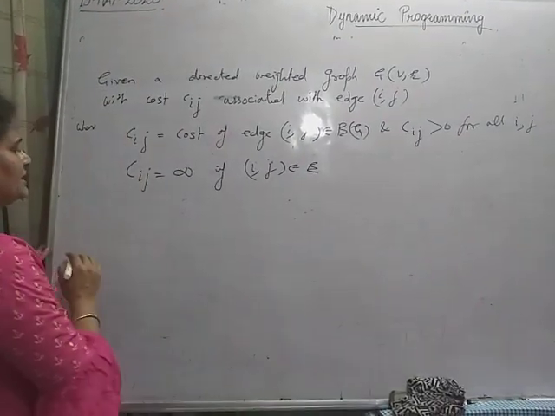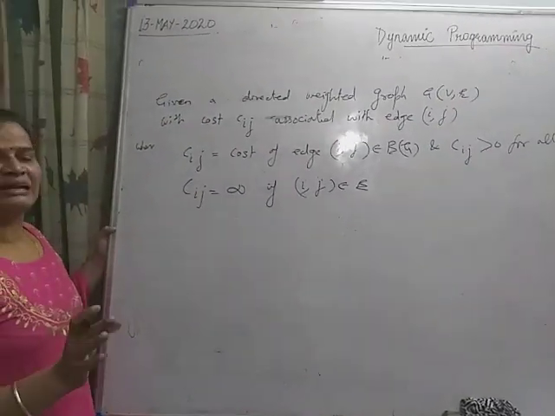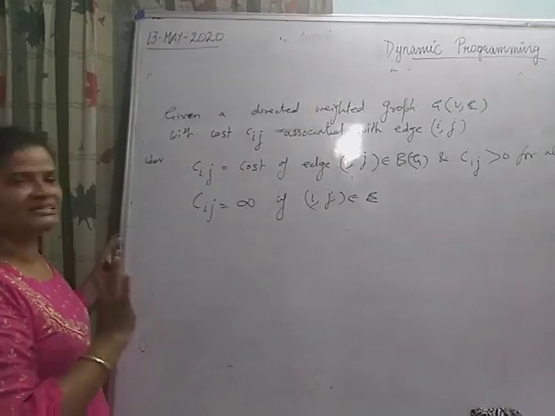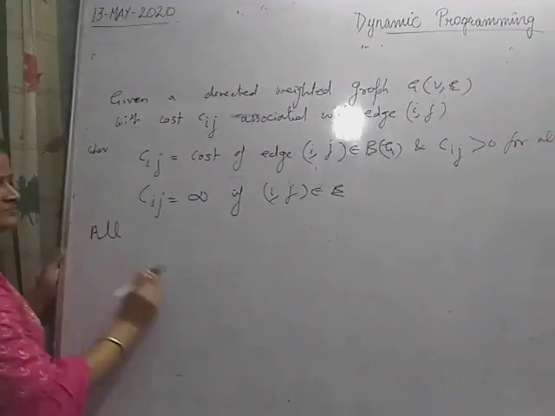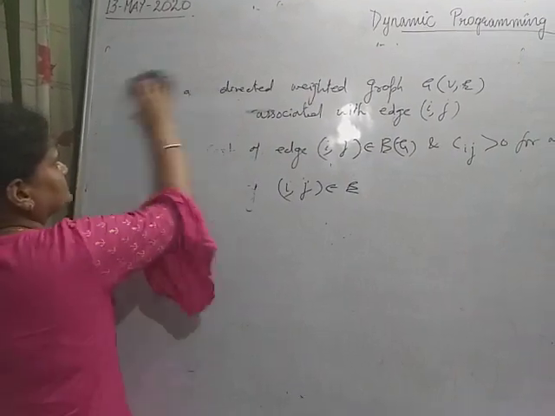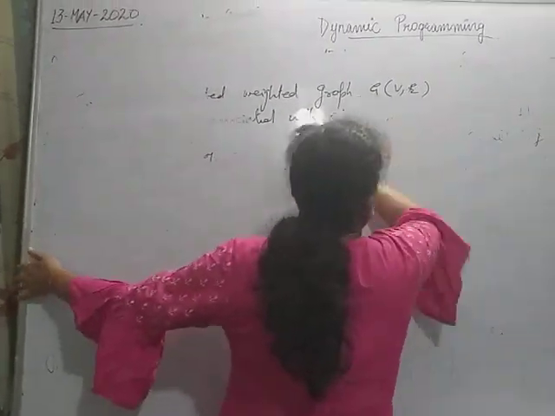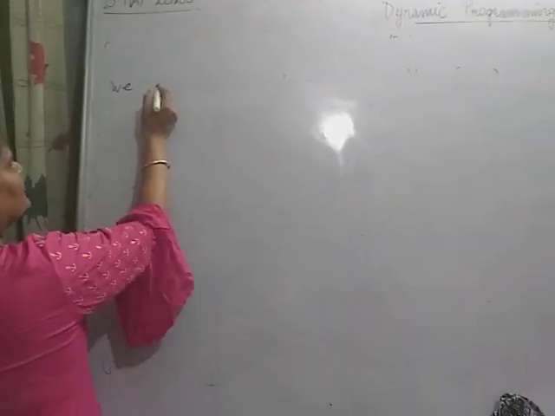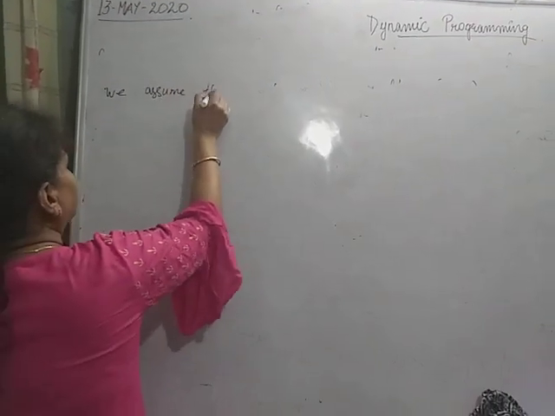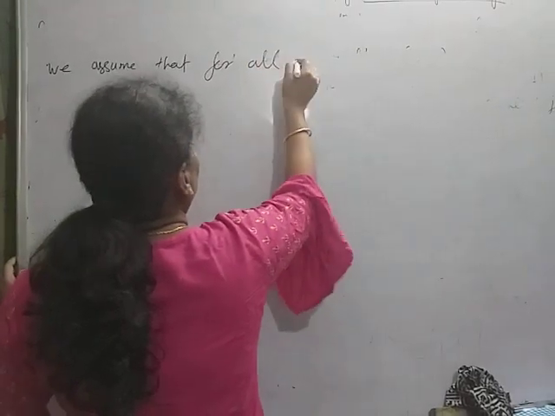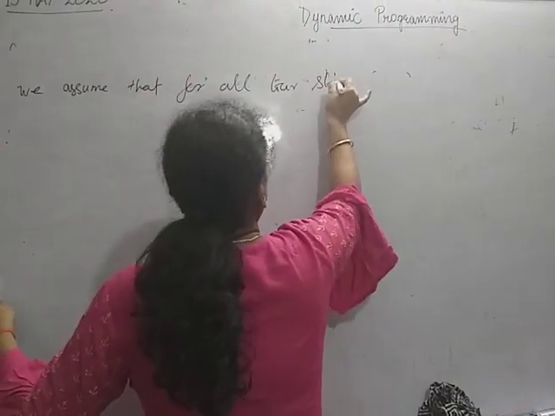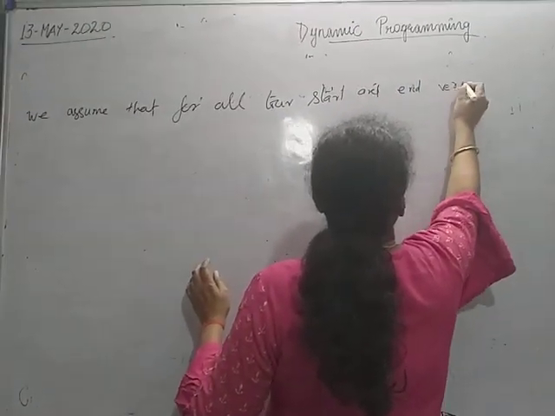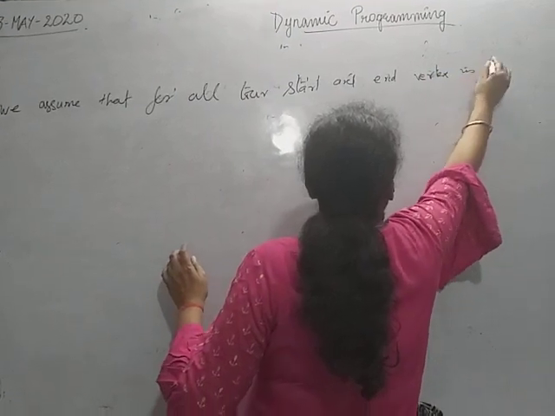First we assume that the graph is a complete graph and that all tours start and end at vertex 1.